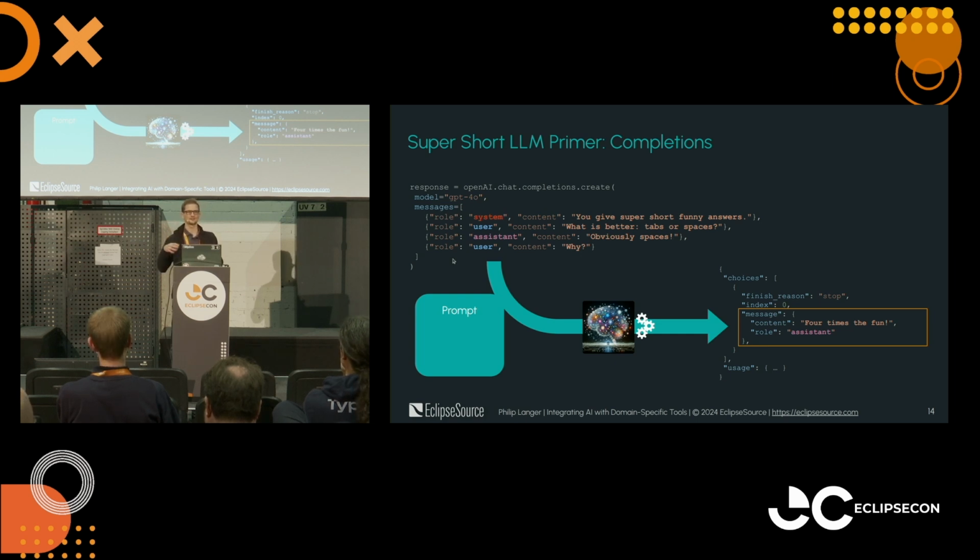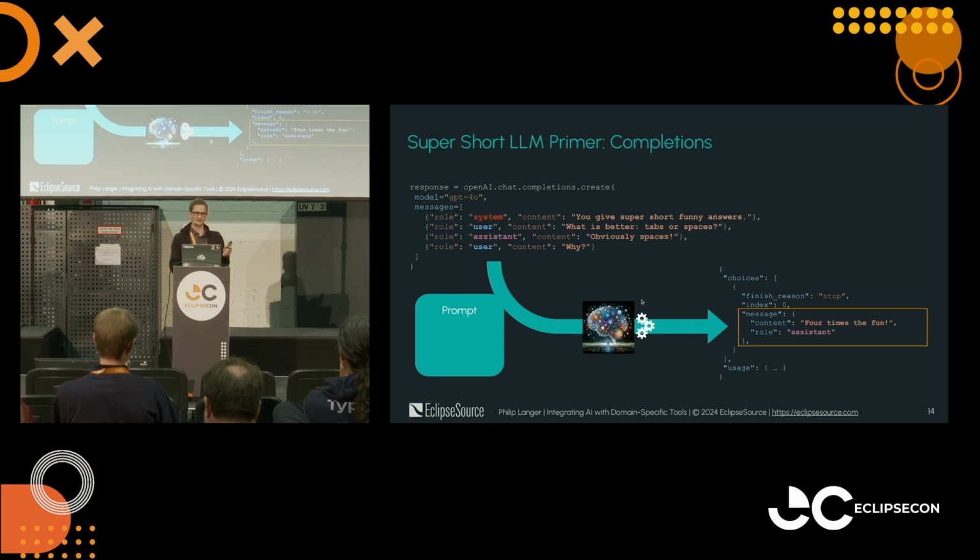Each message is tagged as either a system message, a message by the LLM, or a message by the user. And this essentially represents your context or your overall prompt. Then you send that to the LLM, and the LLM will produce the next message, the response to this conversation. That's basically all you need to know for now.